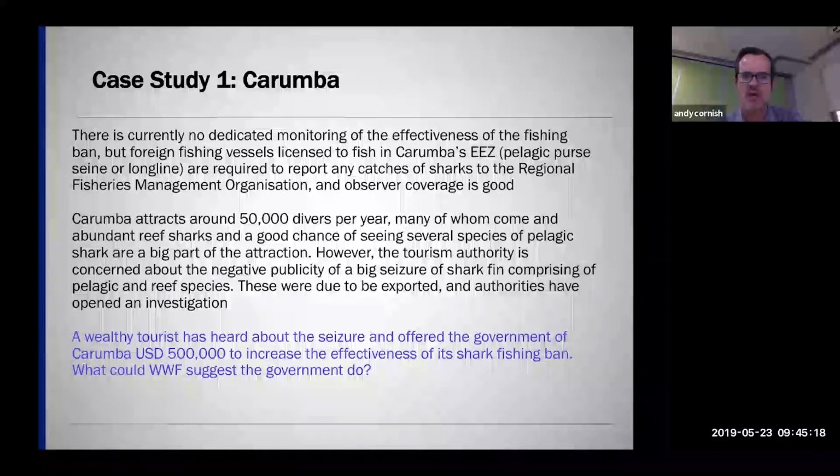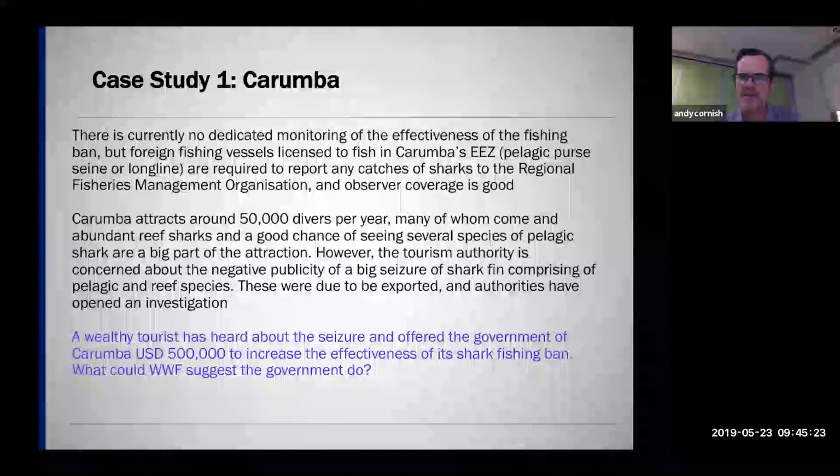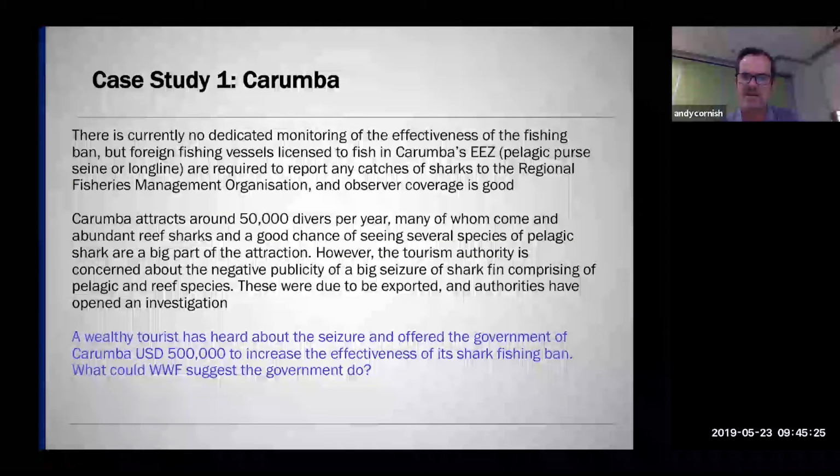It seems to be going quite well in terms of the tourism. They're getting about 50,000 divers per year. However, there was recently a big seizure of shark fin, and this has attracted the attention of a wealthy tourist, who's offered the government $500,000 US to increase the effectiveness of its shark fishing ban. So if WF were involved in this, what could they do?